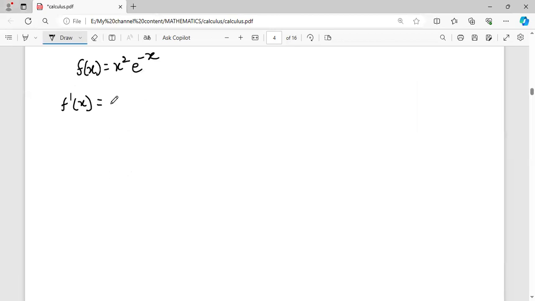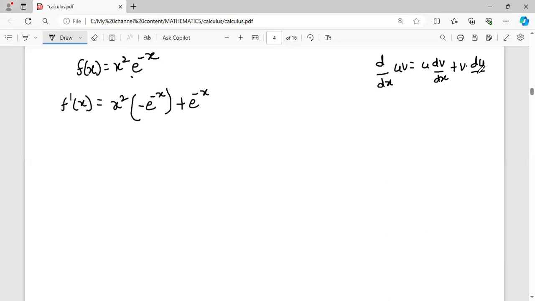We know d by dx of UV means u into dv by dx plus v into du by dx. So apply the same thing. x square into differentiation of the second term, e power minus x, is minus e power minus x, plus the second term into differentiation of the first term. So what is the differentiation of x square?